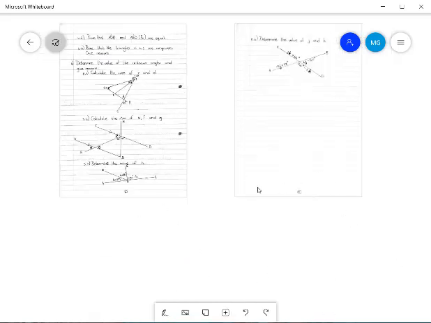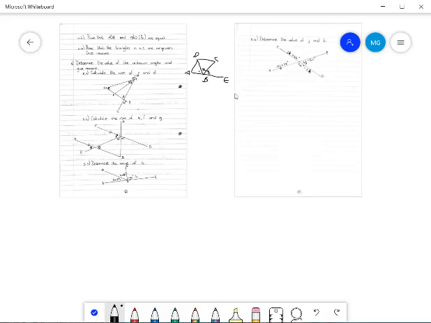Okay, so pages 4 and 5. 4.5, prove that ADB and ABD are equal. So prove that angle ADB, so if the angle is on the D, then we are talking about this angle, this one.